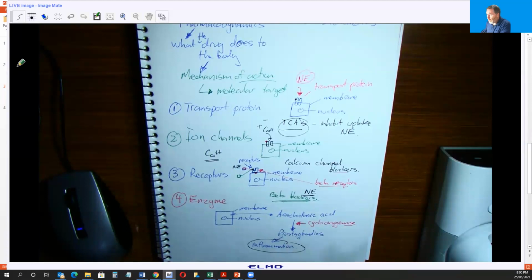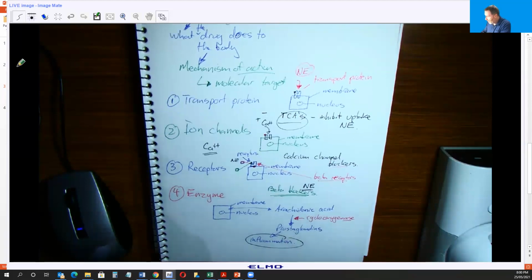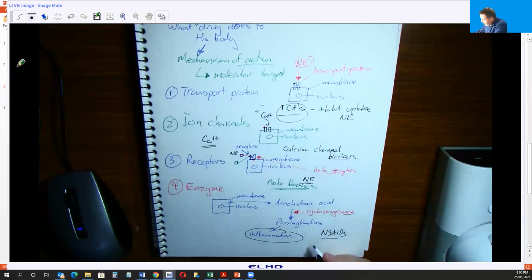Now, it's very interesting here because there is a class of drugs called NSAIDs, which are known as non-steroidal anti-inflammatory drugs. NSAIDs act as COX inhibitors.